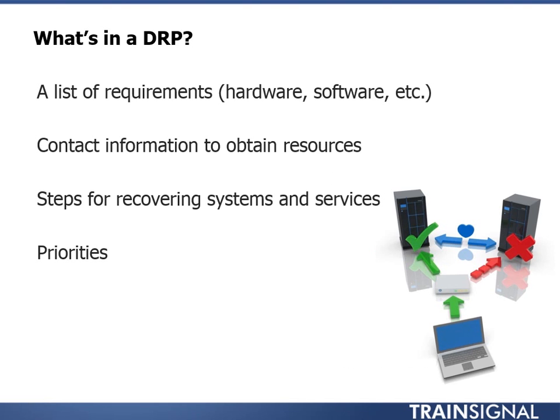There's no one format for a disaster recovery plan, but in general, they have some of these elements: a list of requirements, things that you need to get your business back up and running. So that's going to be a facility, a building of some kind, probably. Maybe all your employees work from home and maybe your data centers are virtual, but most people will have a facility with things like plumbing and parking and electricity and maybe phone systems.